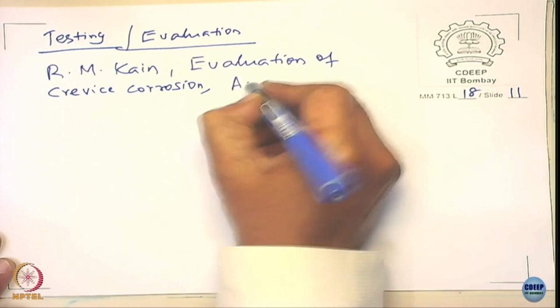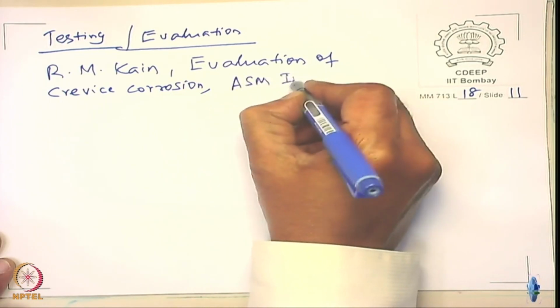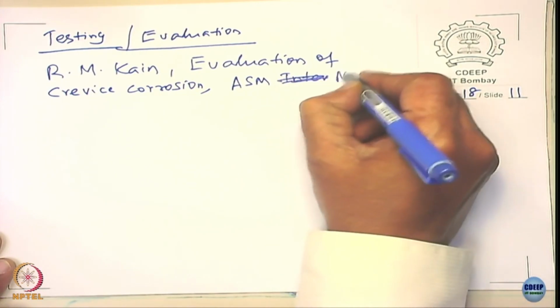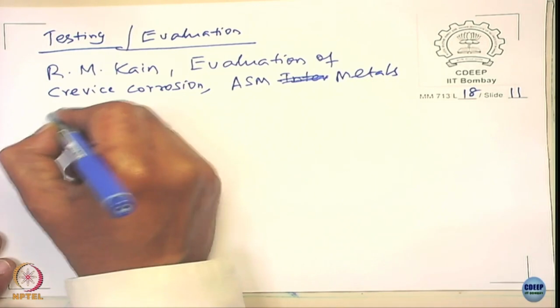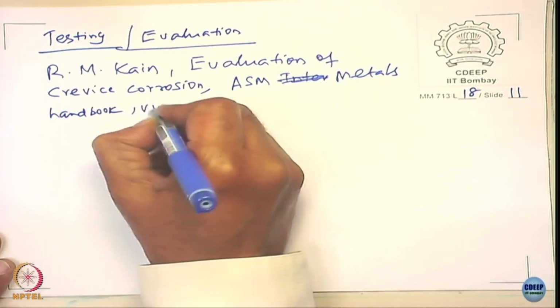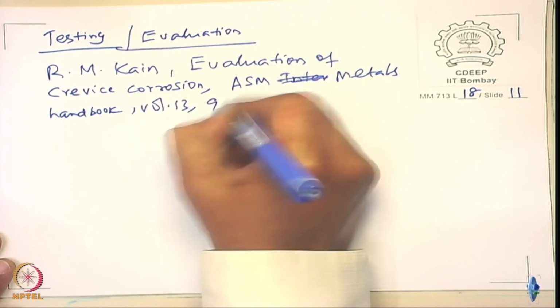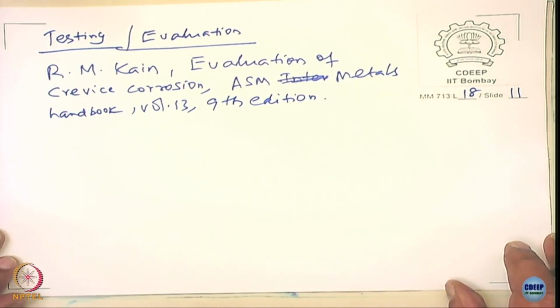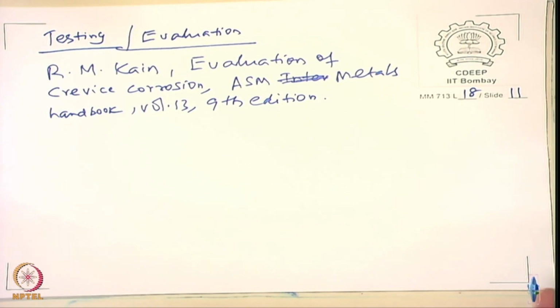This is an ASM International, ASM Metals Handbook, Volume 13, 9th edition. It is published by ASM International, right? You will also have it in our library. It's a very nice article, which talks about the complexities involved in designing the crevice corrosion test.